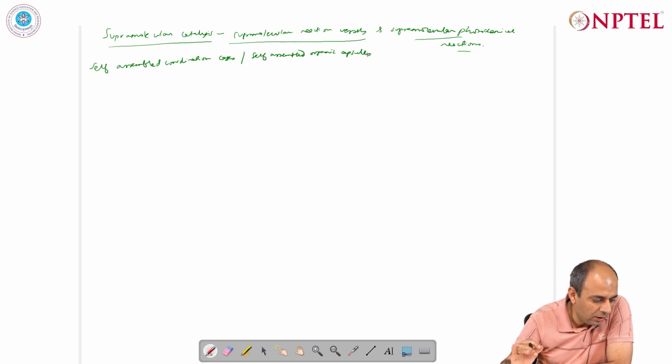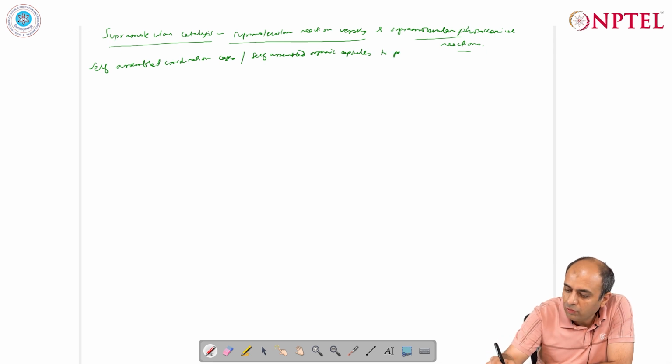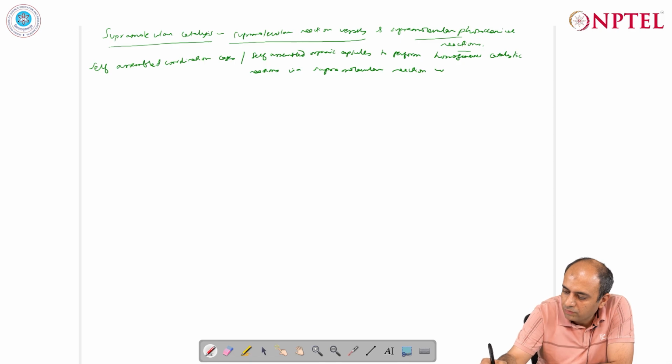So, we can have these coordination cages to perform homogeneous catalytic reactions via supramolecular reaction vessels.